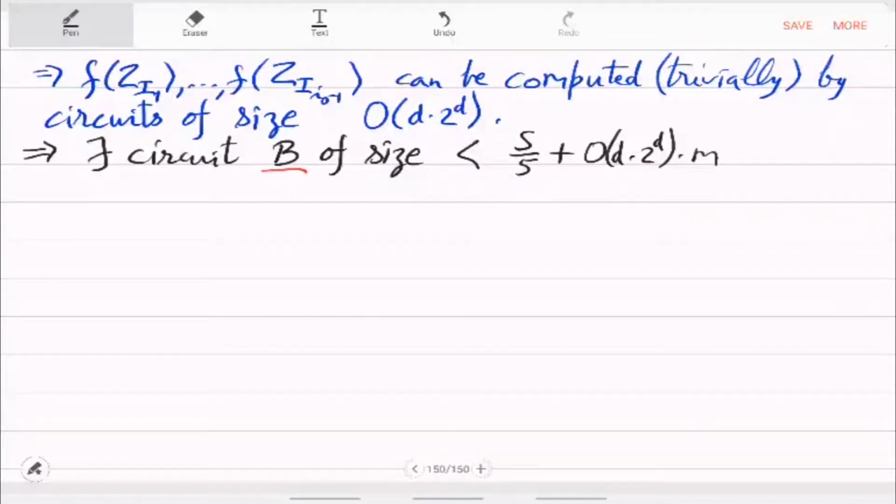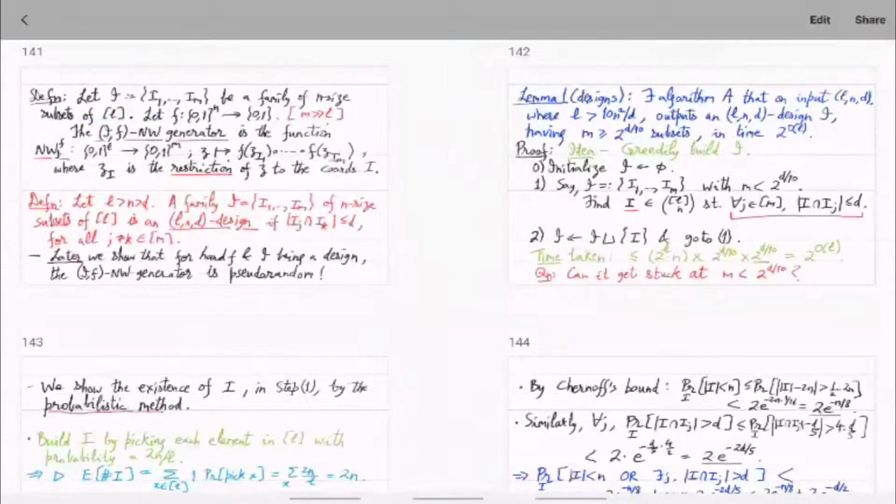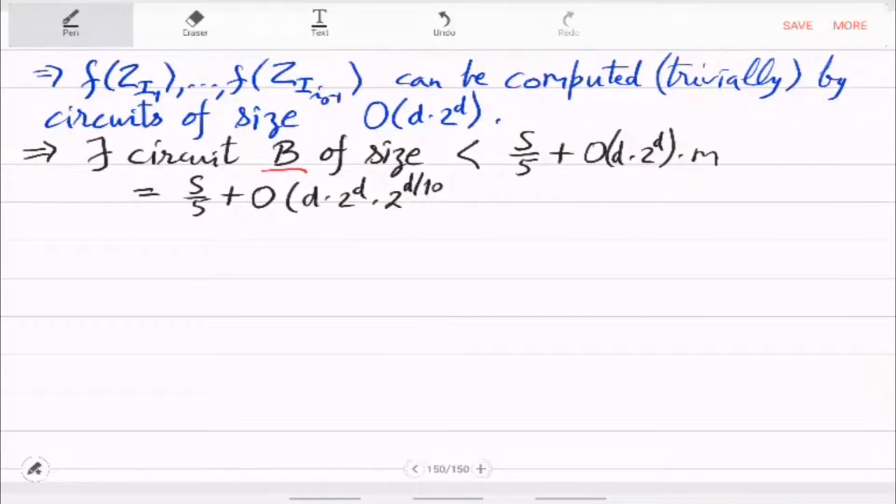So, that is the size estimate, which is equal to s by 5 plus D times 2 raised to D times m. What is m? M comes from the design. So, if you go back to the design, you will see that m is around 2 raised to D by 10. That is the estimate, right?